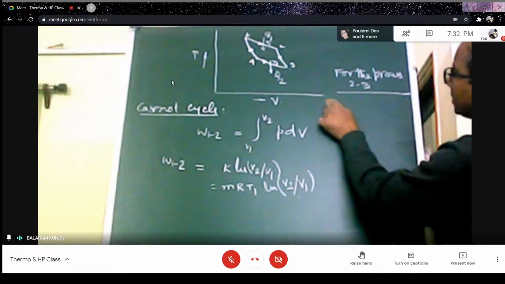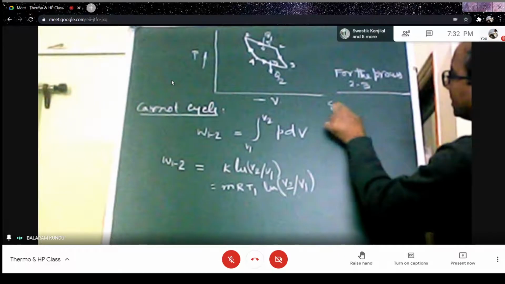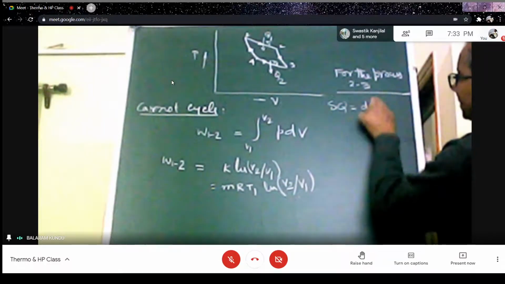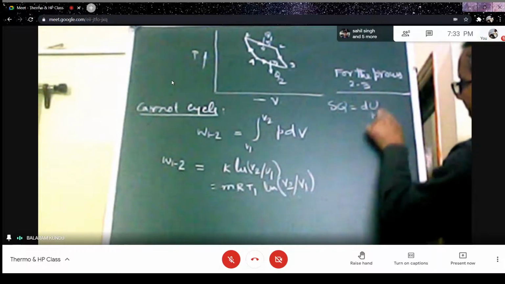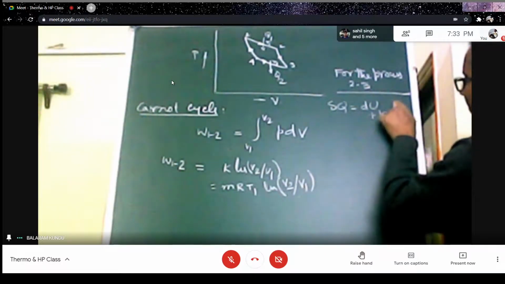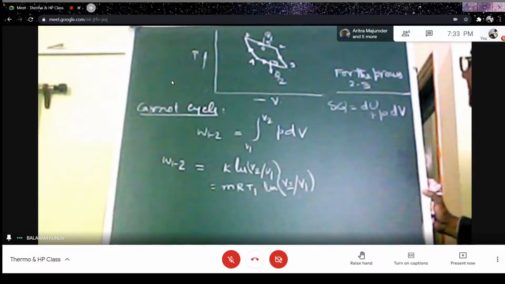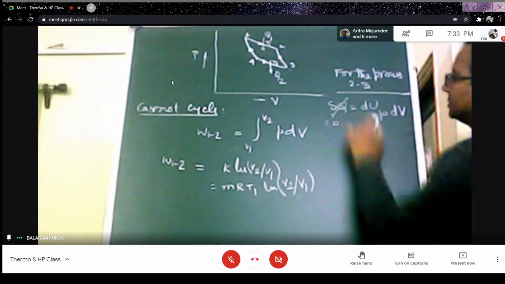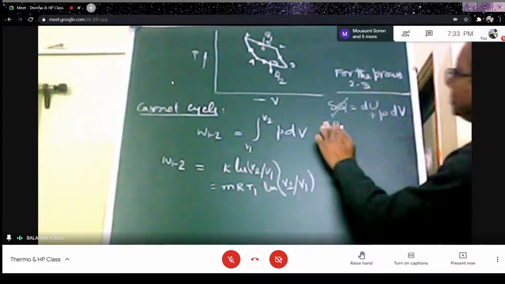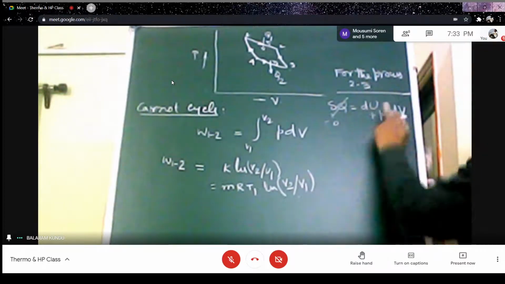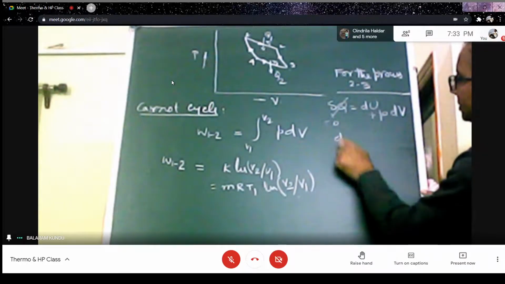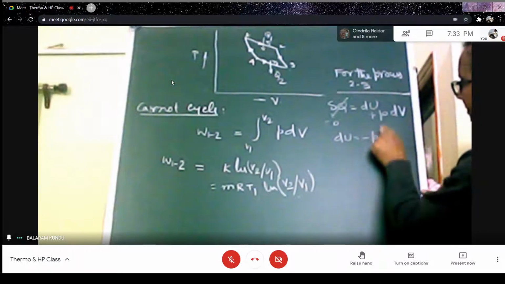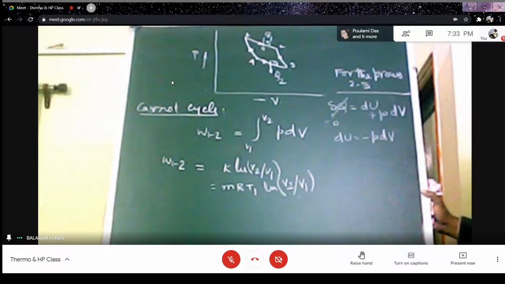Therefore, from the first law of thermodynamics, del Q should be equal to dU plus PdV, with capital V. And here del Q equals 0. So definitely, if it is 0, then dU should be equal to minus PdV. Okay.